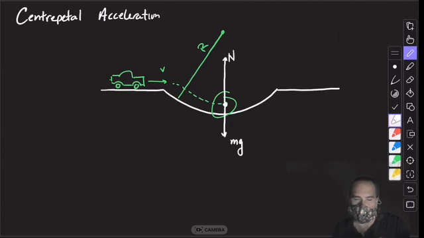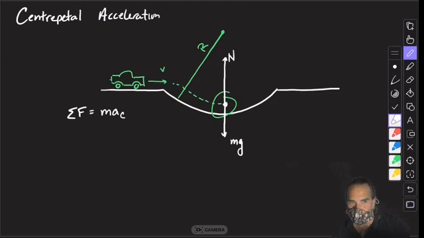An upwards normal force, which must be greater than the weight. And it has to be like that because there's got to be an unbalanced force in order to travel in any circular path. So in this instance, the net force is going to be equal to m a, and I'll put the c here to remind me that this is due to the fact that it's in circular motion.